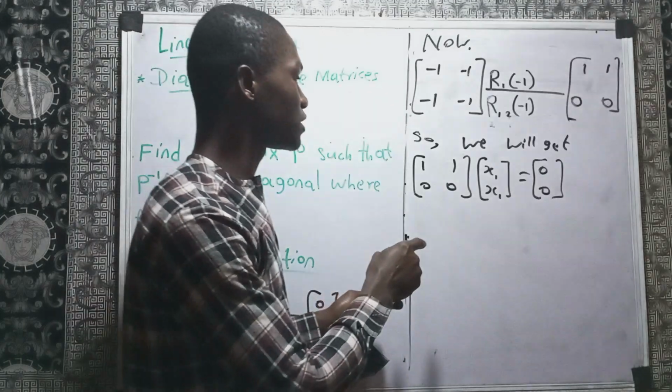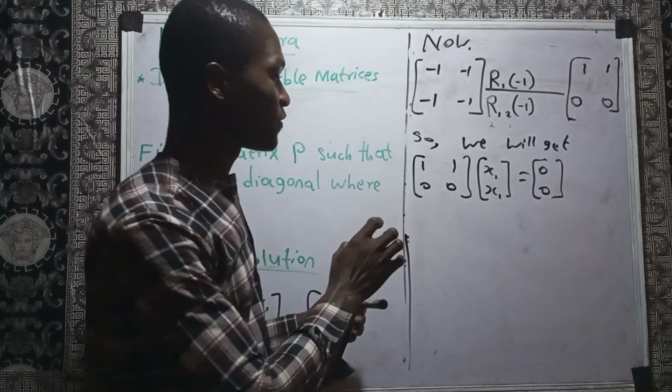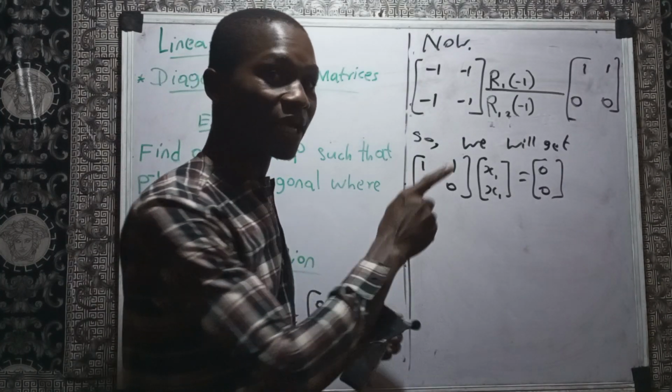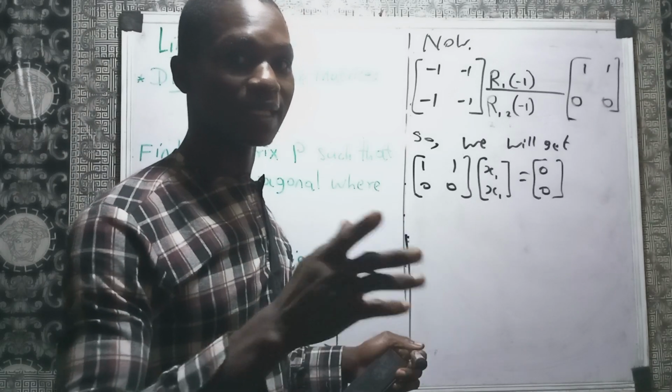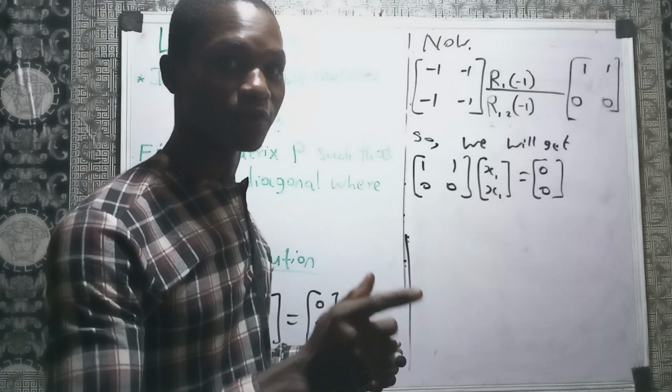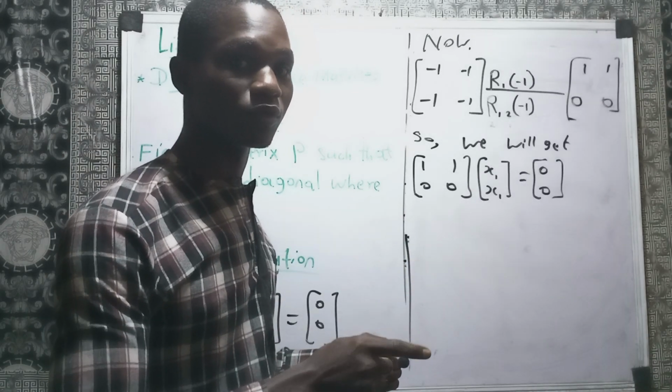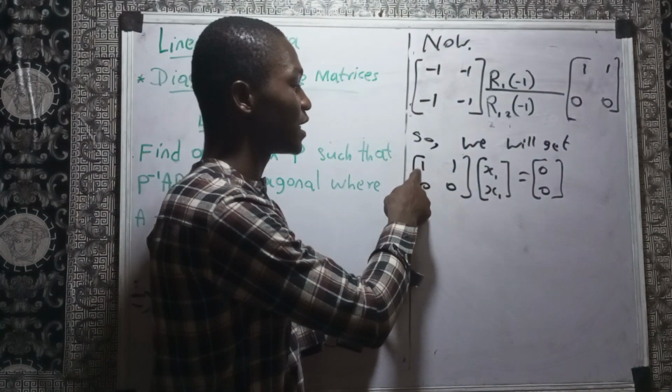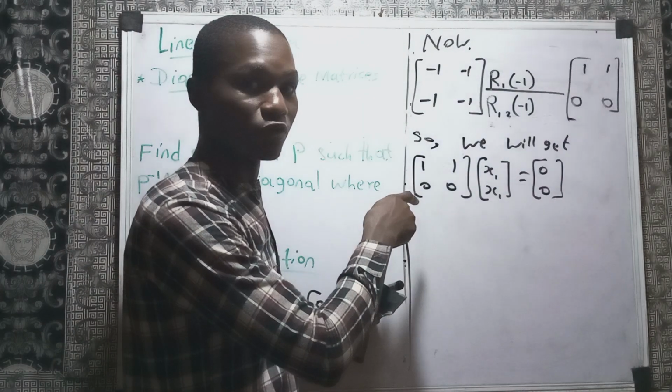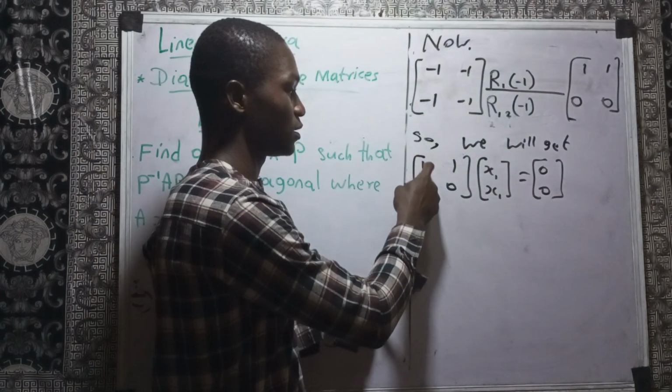For you to solve it, what you are going to check first is whether each column has a leading entry of any row. The leading entry of the first row is the first non-zero number, which is this 1.